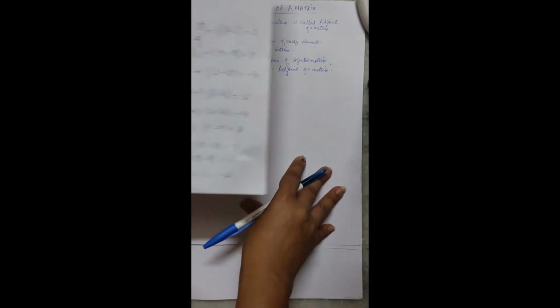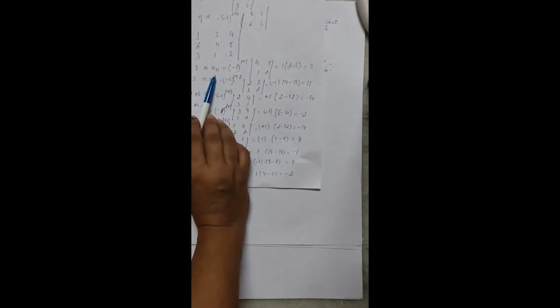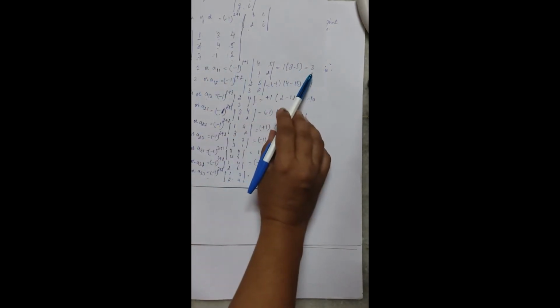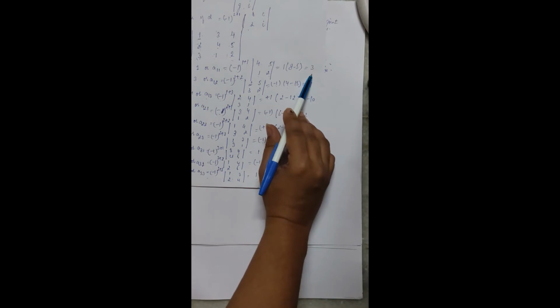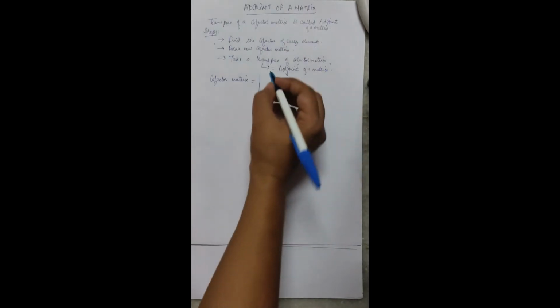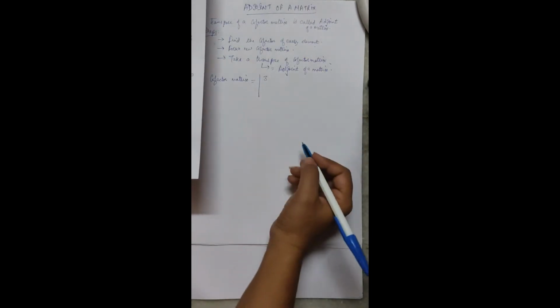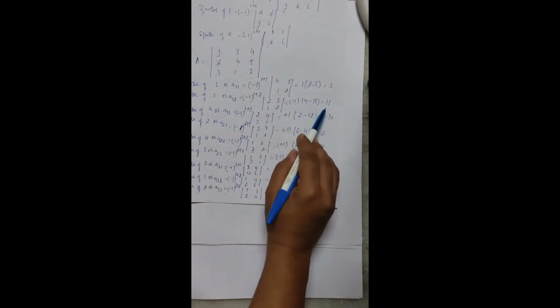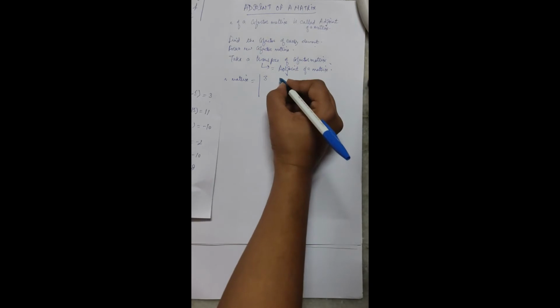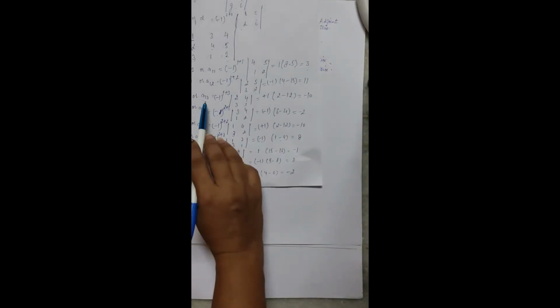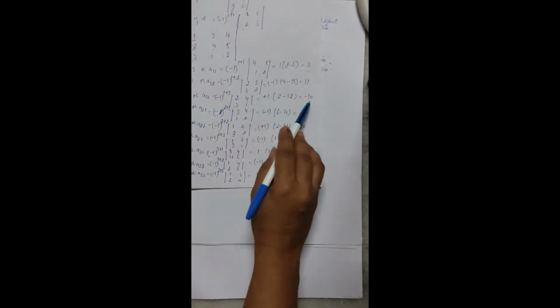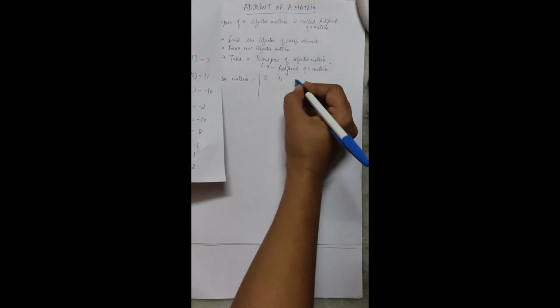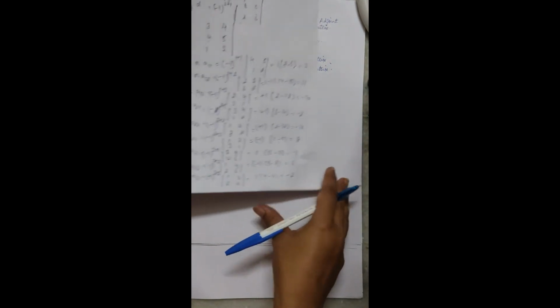You can see the first element, A11, of the new matrix is 3, which I have calculated here. So I will write 3. The second element of the first row is 11, so I will write 11. The third element of the first row is minus 10, so I will write minus 10.